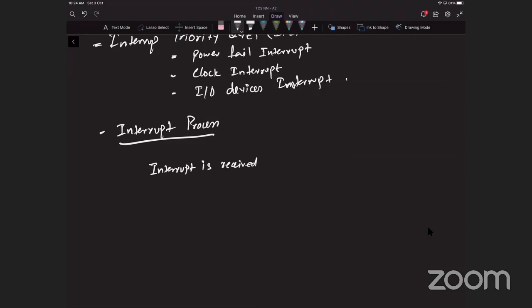Other interrupts are then disabled, so that the process that deals with the interrupts cannot itself be interrupted. So when an interrupt is received, other interrupts are disabled. This is step number one.